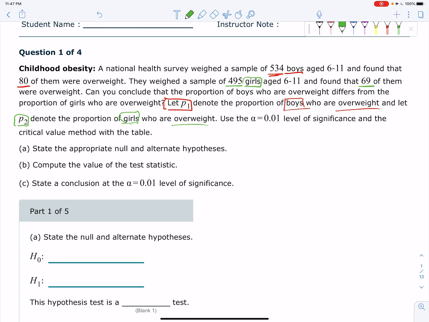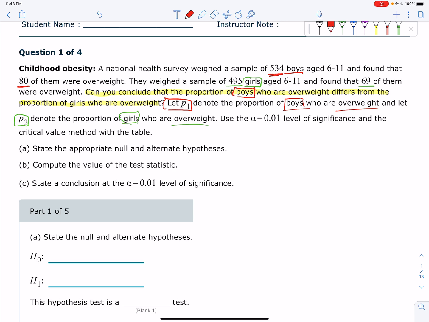Now, here is a statement you need to highlight. Can you conclude that the proportion of boys who are overweight differs from the proportion of girls who are overweight? If I go back and use my color again, they're talking about boys.